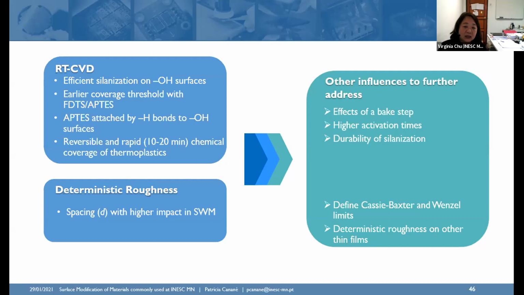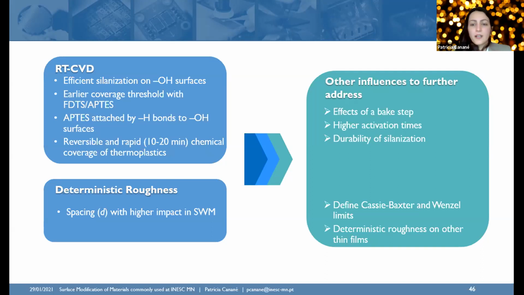Do you have any comments, or have you started looking at how stable these modified surfaces are, how long it lasts? Yeah, actually, I already made some assays with the HMDS and FTTS on silicon glass, and normally the silanization lasted at least 3 days.